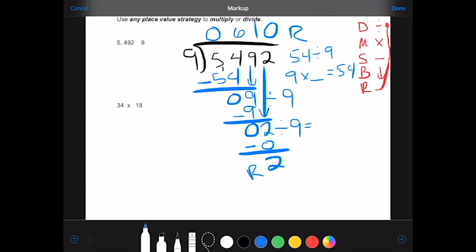All right. Let's start with our multiplication. So now we have 34 times 18. So I really like partial product, like the 4 partial product, so I kind of do it the long way. I'll end up with 4 equal signs.